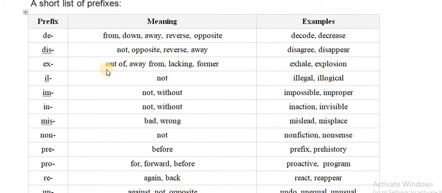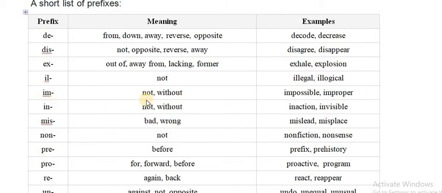Then ex: out of, away from, lacking, former. Let's see this example, ex: explosion. Il, ill, that is not: illegal, illogical.